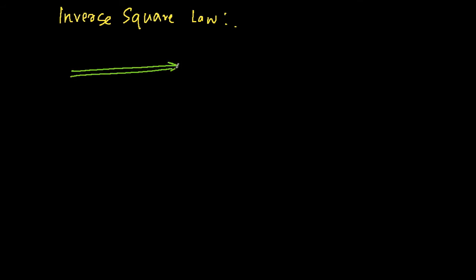Let's try and understand this law by looking at a given needle, shown here by the arrow on the left, and a given nerve, shown by this round structure on the right.